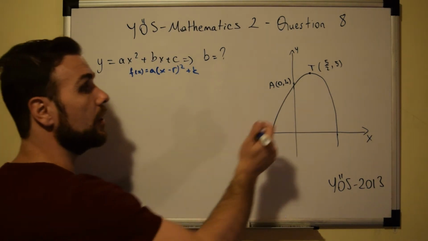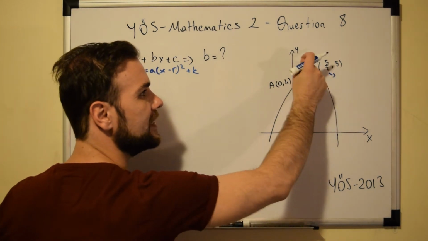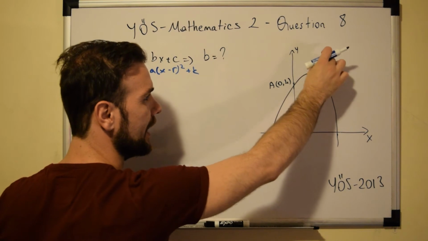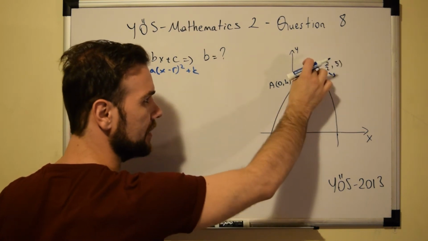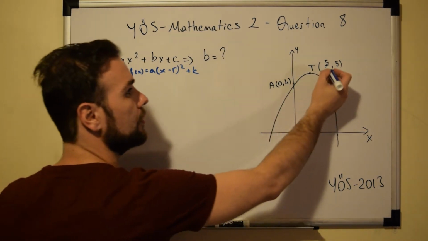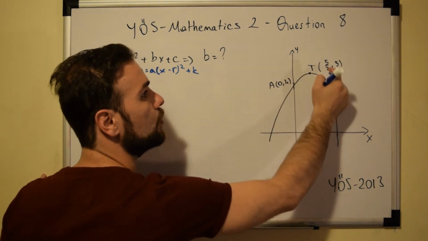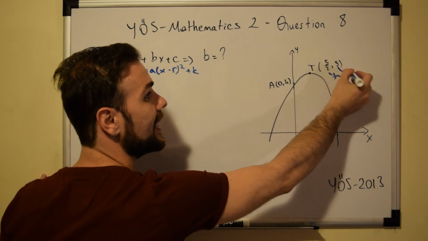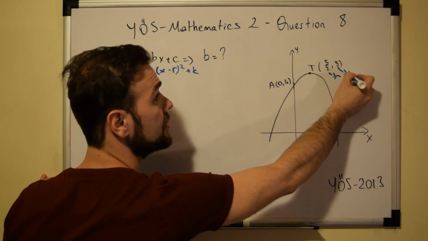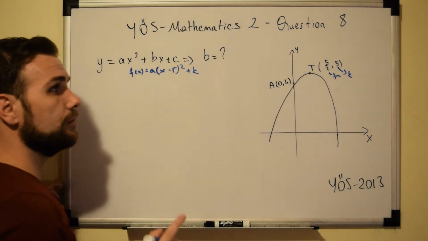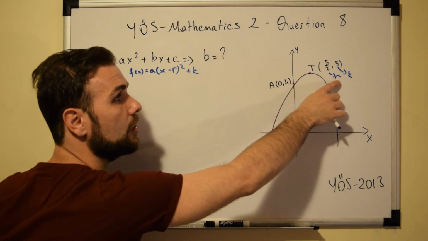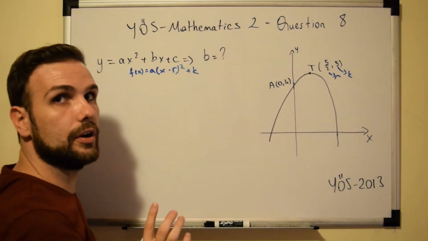The value of r is the x point of the coordinates of this point, point T. So here r is equal to 5 over 2, and k stands for y, which is 5 in this case. So don't forget, these are the coordinates of the peak of this function, and r stands for x, k stands for y.